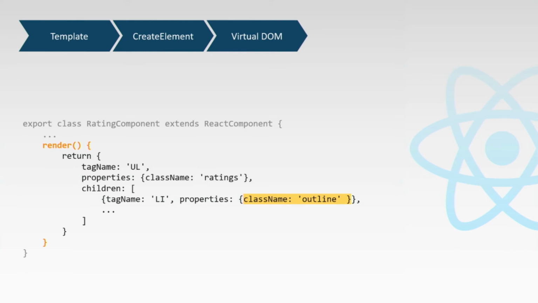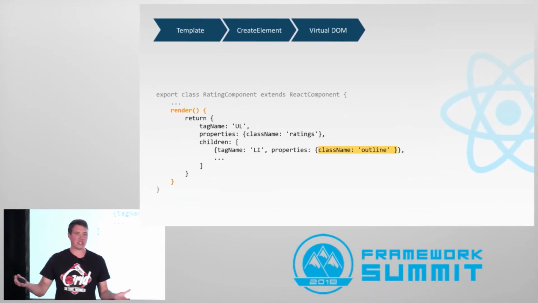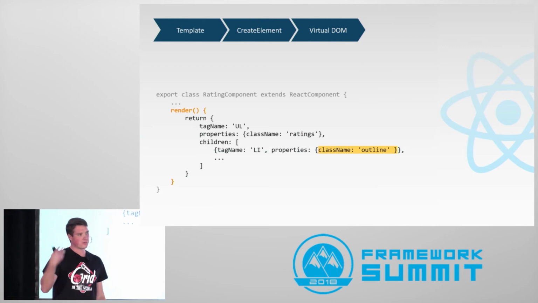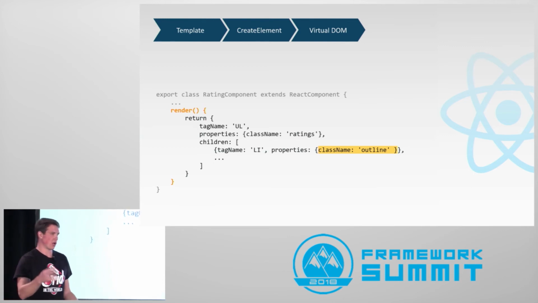Right? And when you have multiple calls to this createElement function, eventually you end up with a virtual DOM tree. Okay? And that's exactly what is returned from the render function. So although we started with the template, the JSX template, eventually in React, the render method will return a JavaScript object that describes this HTML.